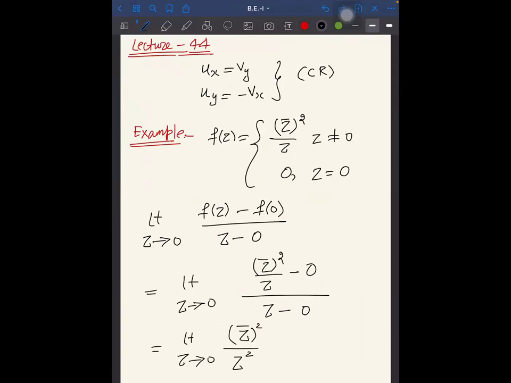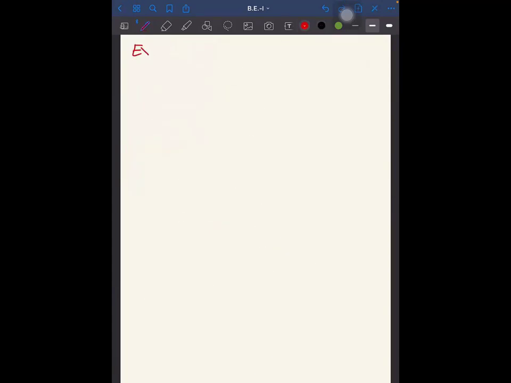Yes, sir. Okay, so now we do a few more examples where the CR conditions are satisfied, but the function is not differentiable. So I'll do a few more questions on that. f(z) is given to us, that is this thing.